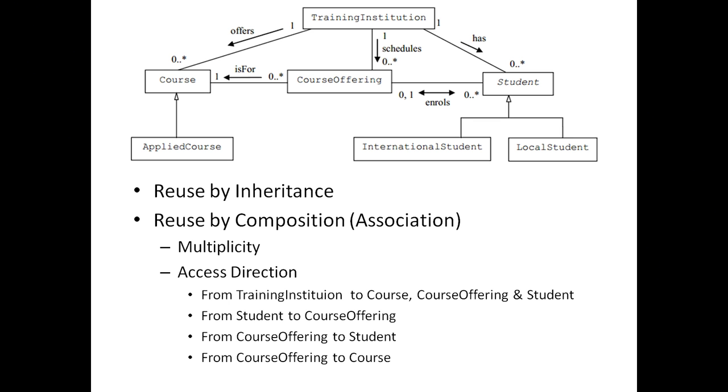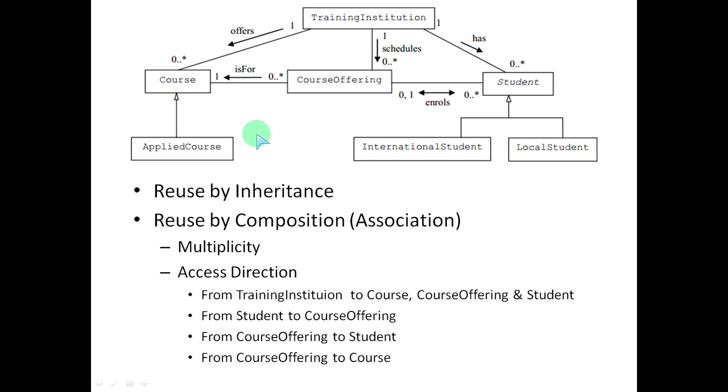The most important thing about the specification of the system is figure 1, where you have a training institution having course offerings and students. Student is a superclass having 2 subclasses. Course is a superclass having 1 subclass.